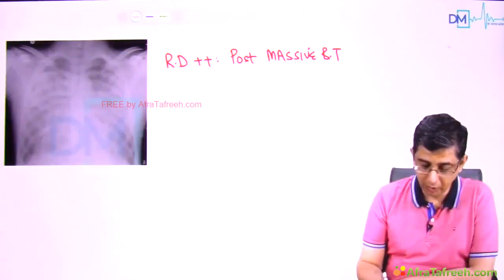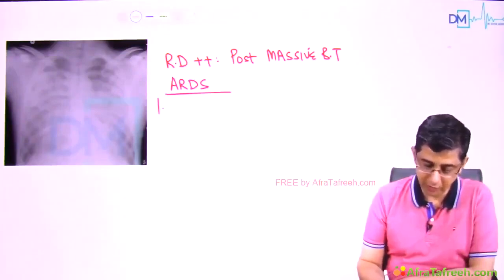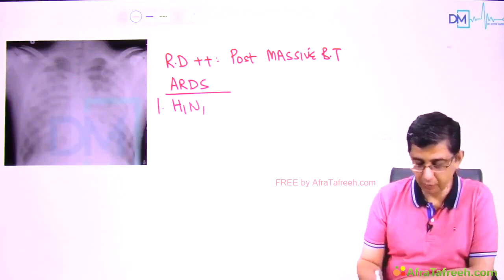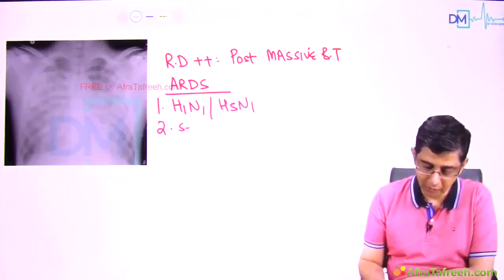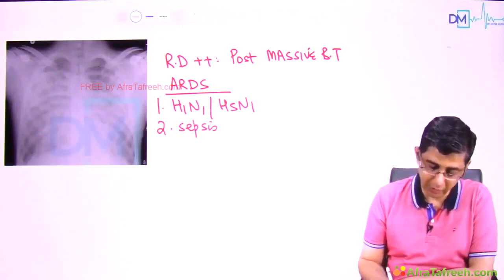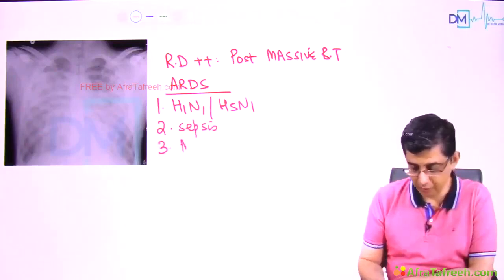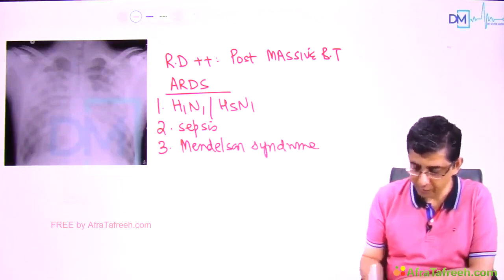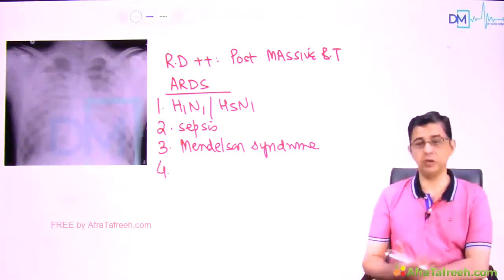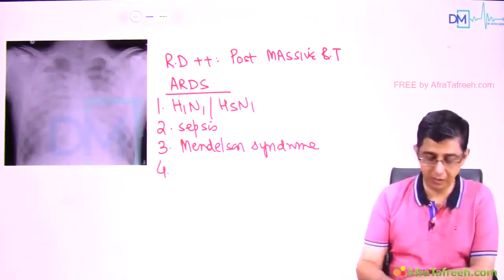So not only can you be getting ARDS with respect to aspects like swine flu or bird flu, the incidence of which have increased dramatically, but it would also be seen with septic shock where the cytokines would contribute to it. Then aspiration of stomach acid or Mendelson syndrome is responsible for development of acute respiratory distress syndrome in a patient.